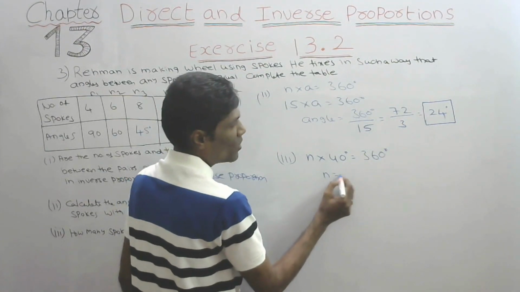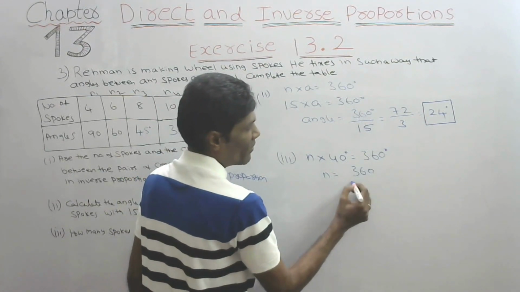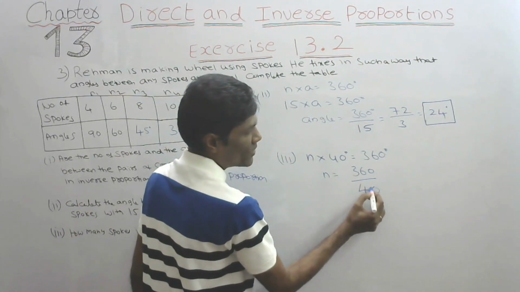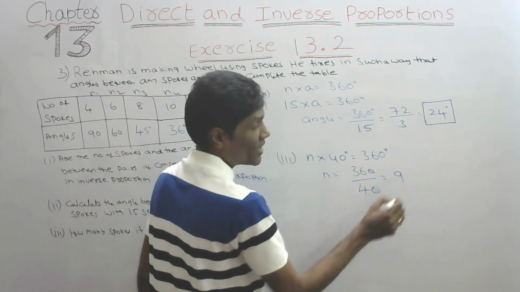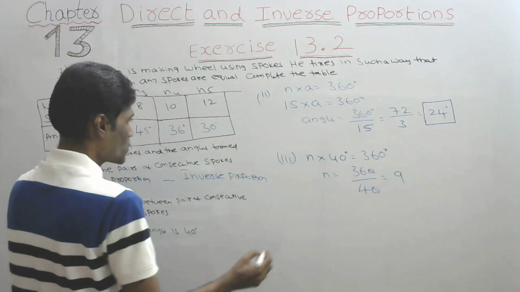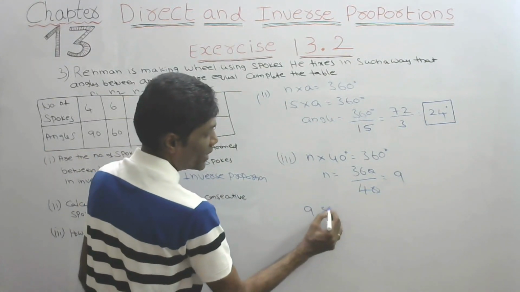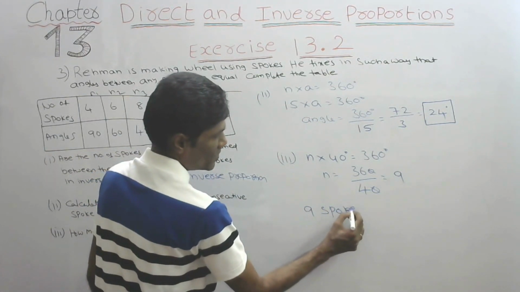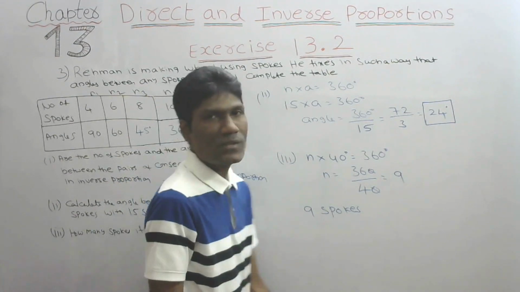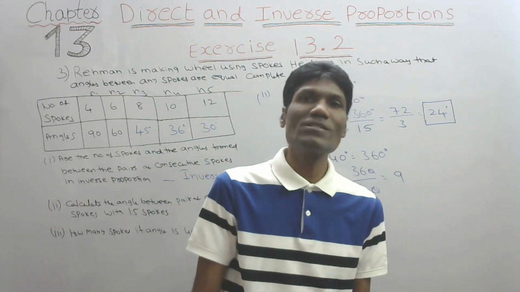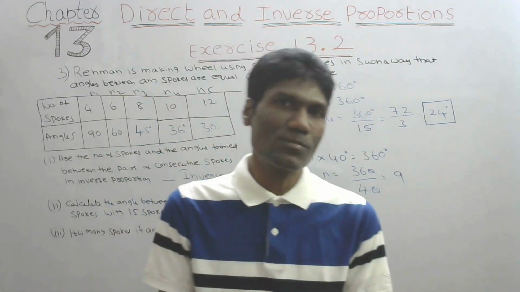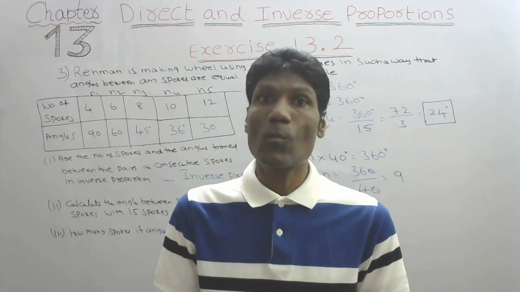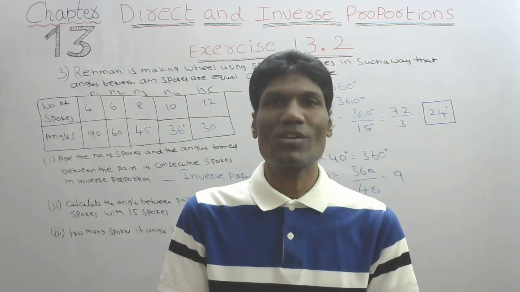So N equals 360 divided by 40. 0 and 0 cancel. 4 9s are 36. So the number of spokes will be 9. So as usual, the whole concept here is that they are in inverse proportion and the product is always constant.